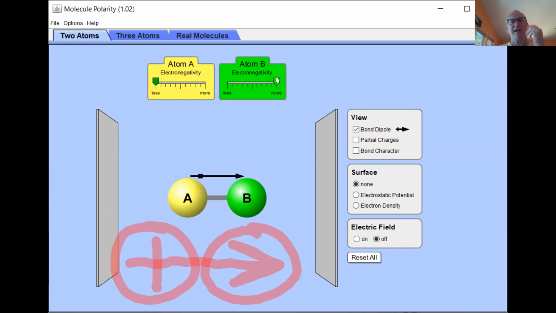And anyone know how we can measure it? There's a unit of measurement for the dipole. Anyone know what we call the measurement of the size of a dipole? You probably don't, but I was curious.